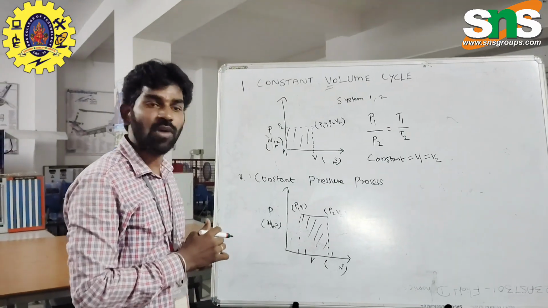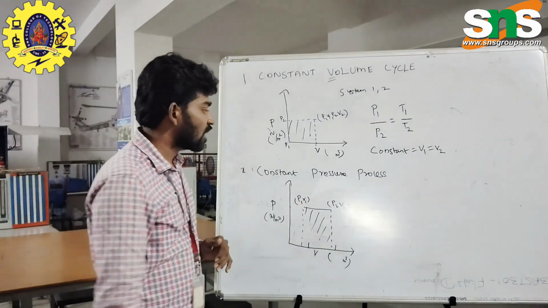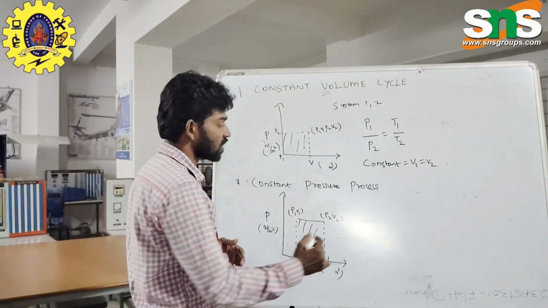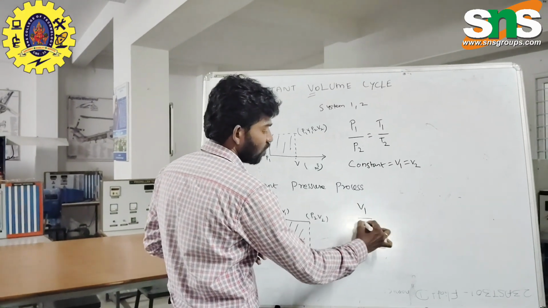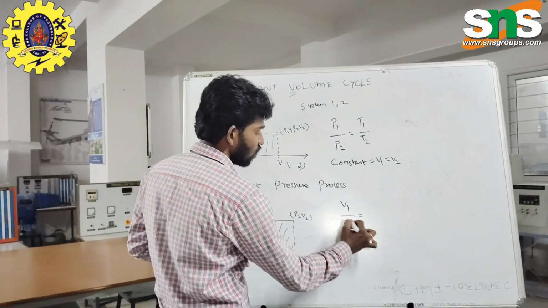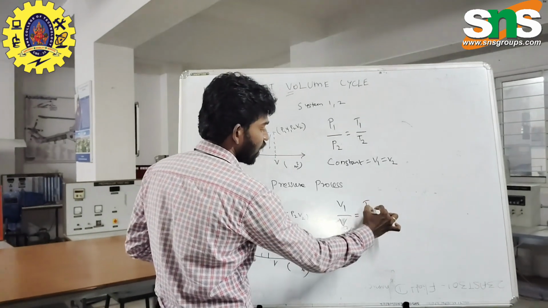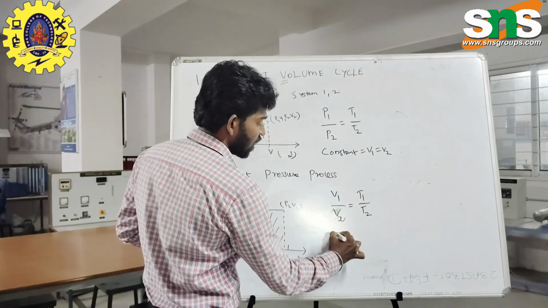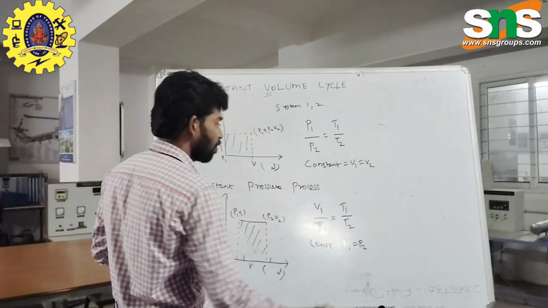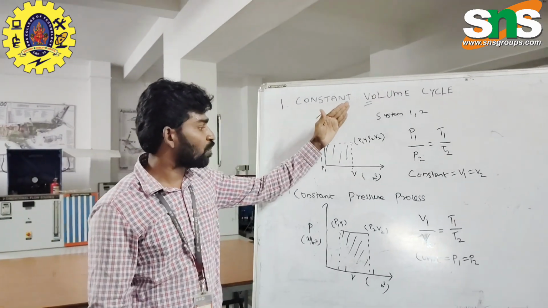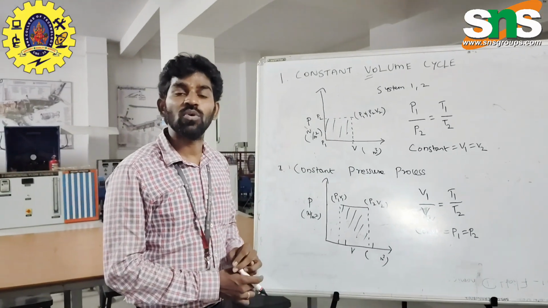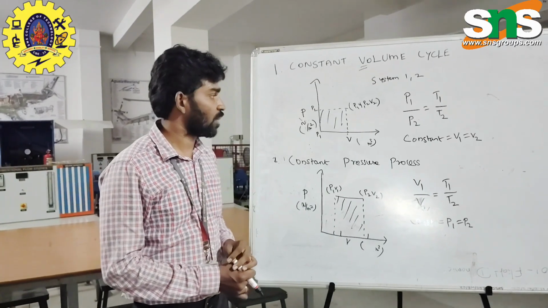Similarly to the constant volume process area, the pressure, volume and temperature relation for the constant pressure process is V1 by V2 is equal to T1 by T2, with P1 and P2 constant. So these are the constant volume process and the constant pressure process in the closed cycle of aero engineering thermodynamics.